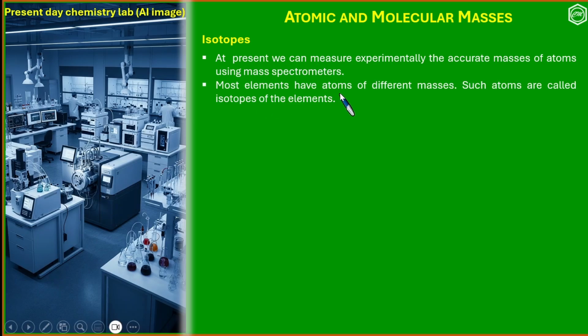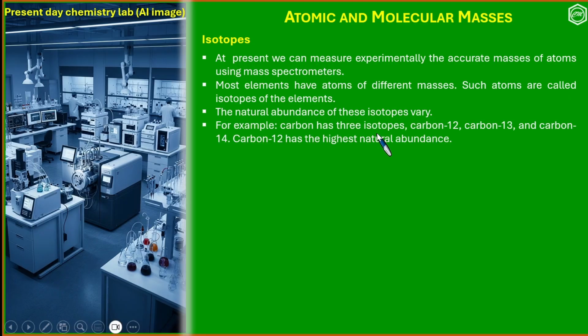Most elements have atoms of different masses. Such atoms are called isotopes of the elements. Natural abundance of these isotopes varies. For example, carbon has 3 isotopes, carbon-12, carbon-13, and carbon-14. Carbon-12 has the highest natural abundance.